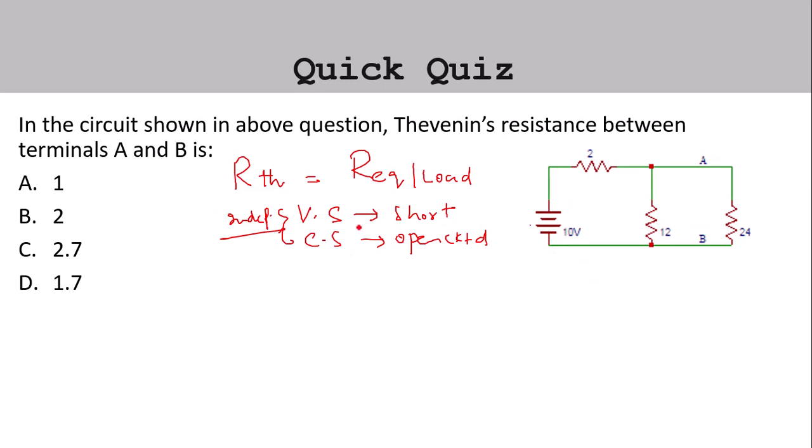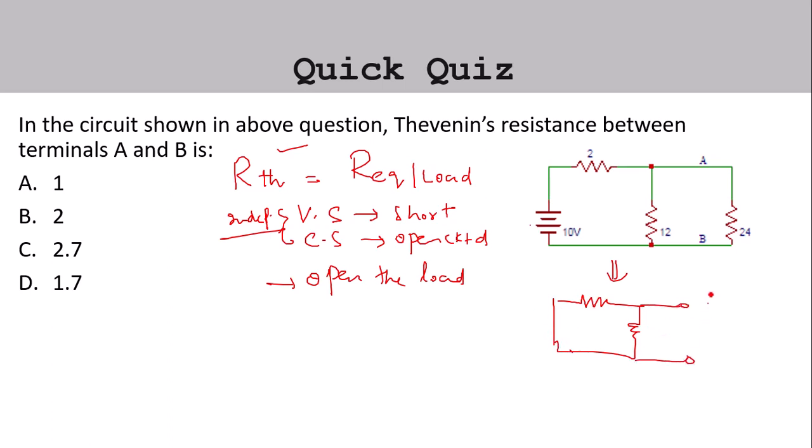And one more step we have to follow while finding RTH is we have to open the load. So considering all these steps, this equivalent diagram can be something like this, right? Then A and B, load has been removed, so this is my R equivalent as RTH, right? Now see students, these two are in parallel, so 12 parallel 2 will be your RTH.